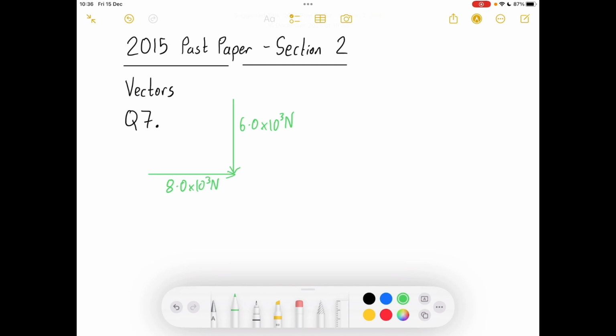So what we're going to do is change our diagram. We will keep our bottom line. I'm just going to drop the 0.0 because it doesn't really mean much. But instead of having my 6 times 10 to 3 newtons on my right hand side, I'm going to move it so it is on this side here.